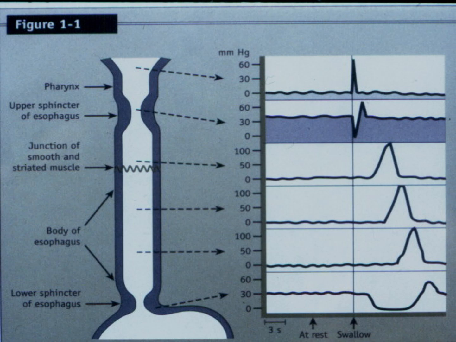If you notice that at the same time, look at the vertical line, when there is a peak of pressure in the pharynx indicating contraction, there is low pressure or relaxation in the tonically contracted upper esophageal sphincter.